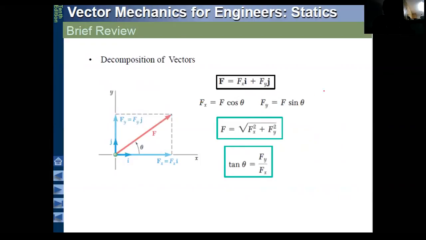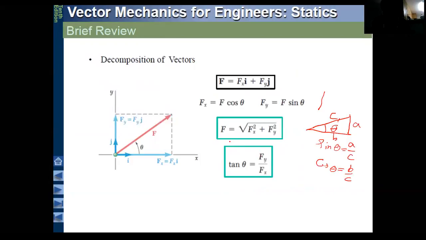Well, we know from trigonometry that in a right angle triangle, if you have an angle theta, then sine of theta is equal to a over c, and the cosine of theta is equal to b over c.